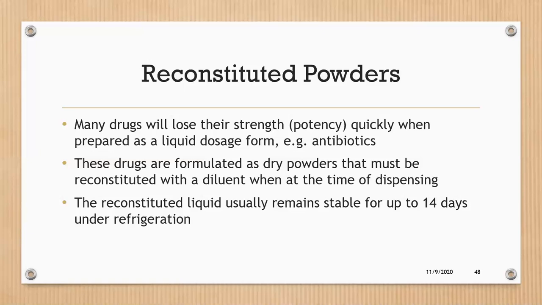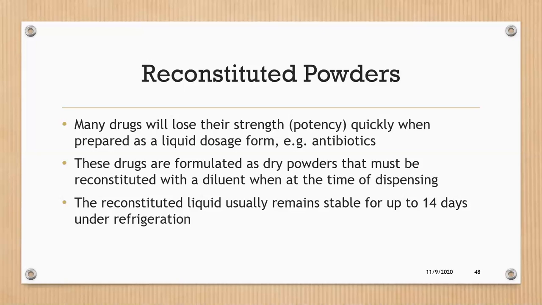And therefore, what the manufacturers have done is that they have formulated these drugs in either a suspension or a solution, and then they remove the solvent, leaving behind the powders that is much more stable than if the drug was in a liquid form.